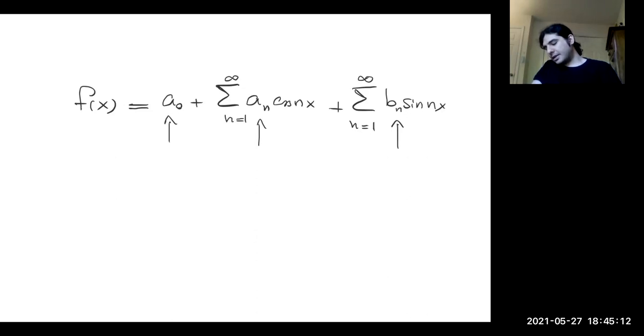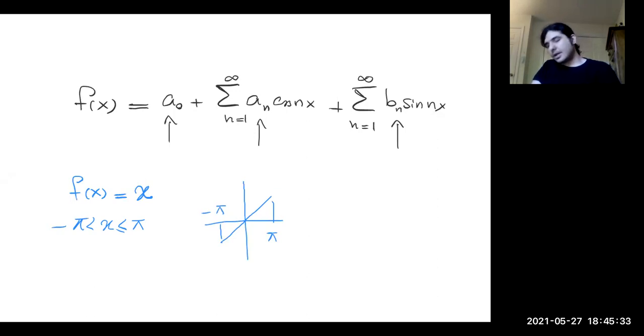So, for example, let's say f of x is equal to the function x for any x between minus pi and pi. So it looks like this. Then suppose I repeat this function because I want to assume it's periodic.